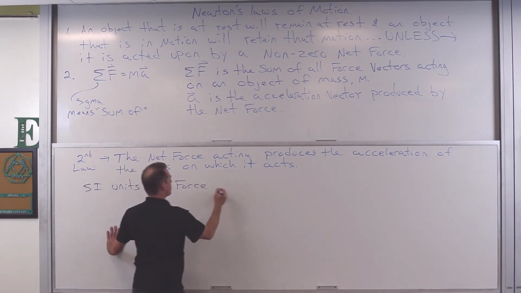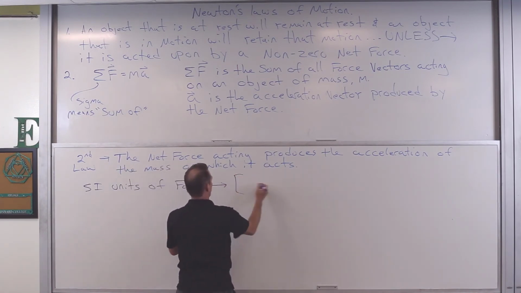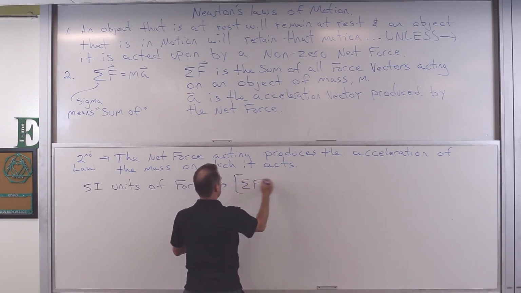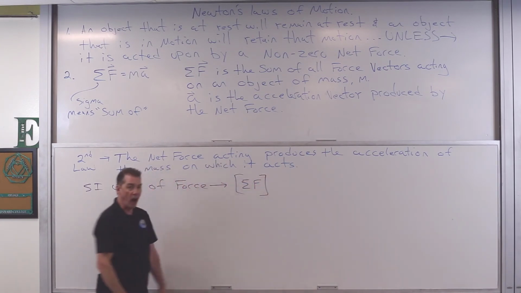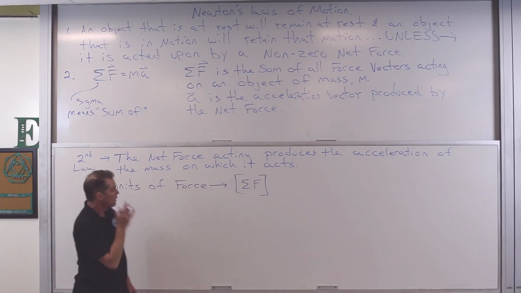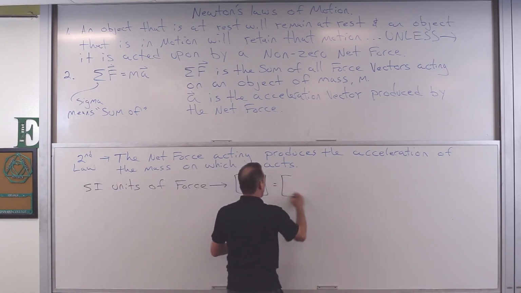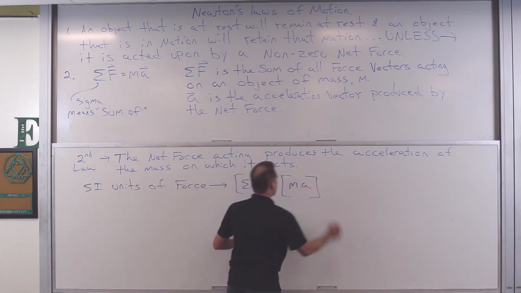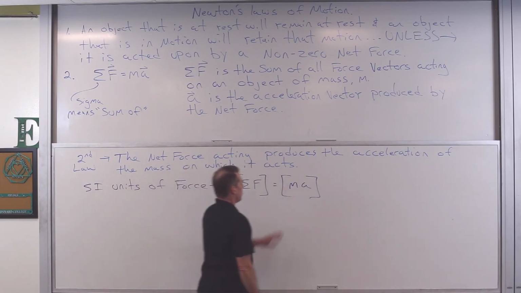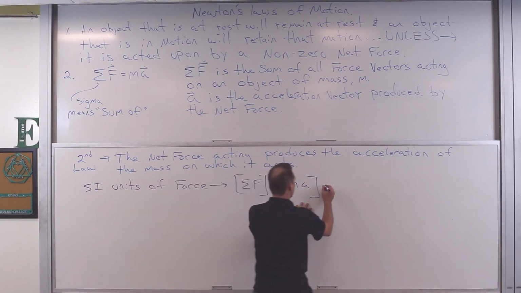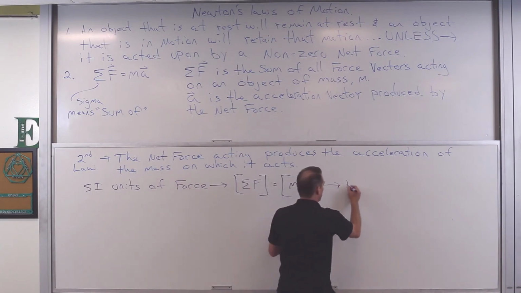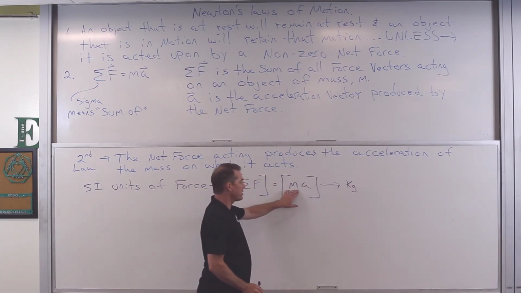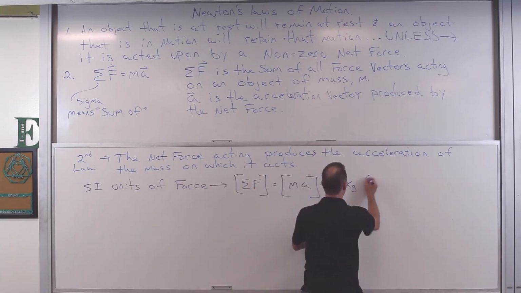SI units of force. Sometimes we'll just do this. This means the units of net force have to be equal to the units of mass times acceleration. Well, the units of mass times acceleration is kilograms for mass, right? And then acceleration is meters per second squared.